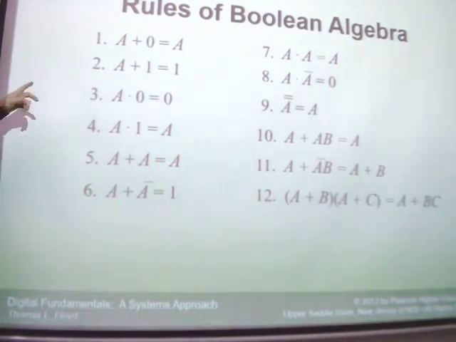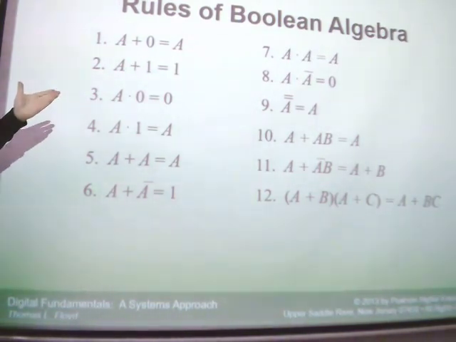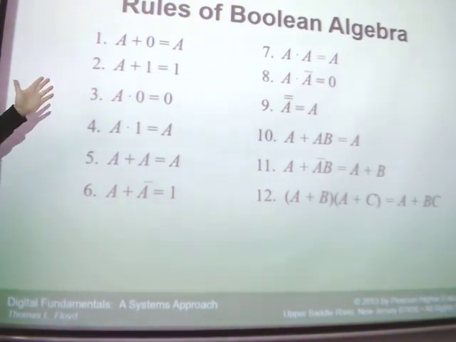Why does A or 0 equal A? Yes, because if A equals 1, 1 or 0 equals 1. And if A equals 0, 0 or 0 equals 0.